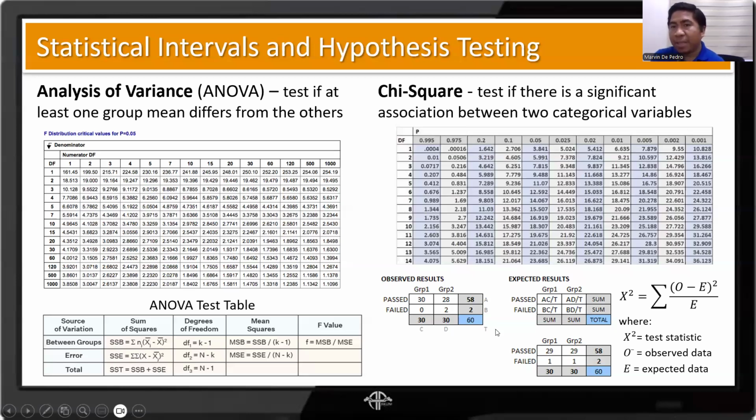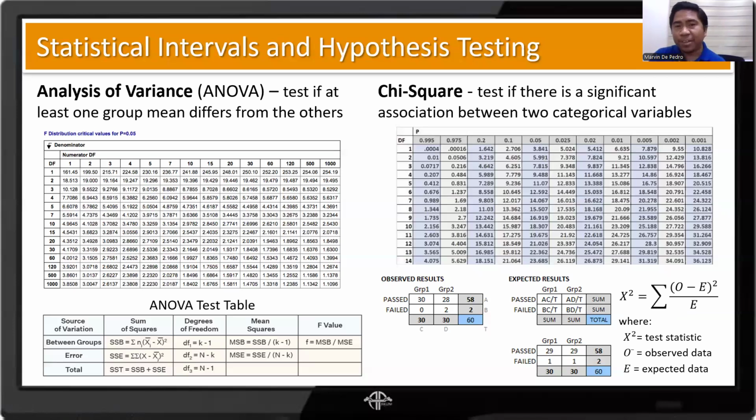So we basically create an observed results table and an expected results table to get what we call the chi-square value, or that's our test statistic. Once you have your observed and expected tables, you basically plot them here. Same thing: if it falls within the acceptance region, then you accept it. But if it is outside the two critical values, then you reject the null hypothesis.